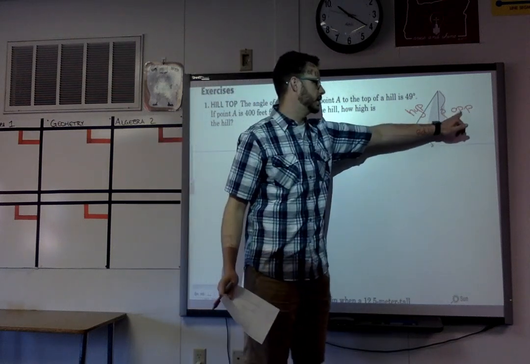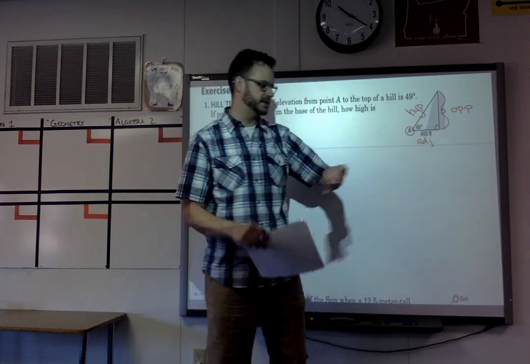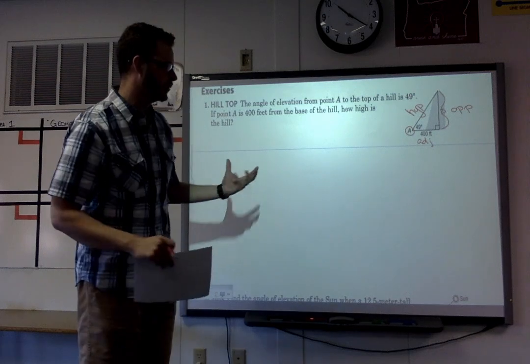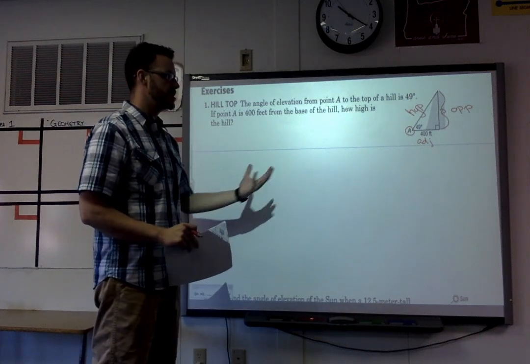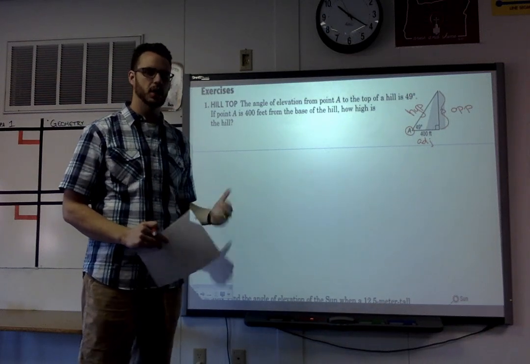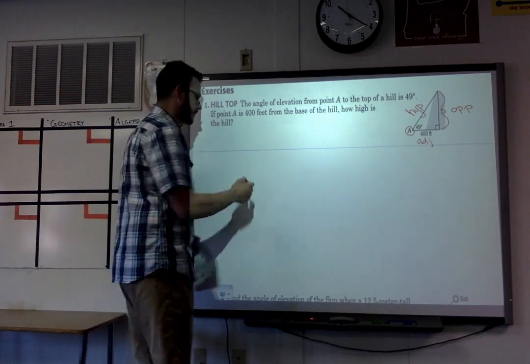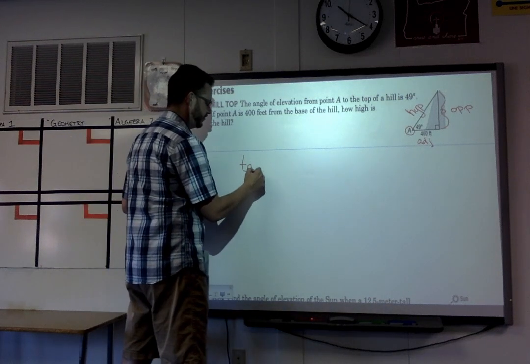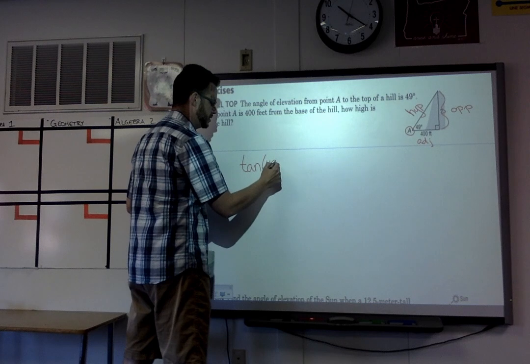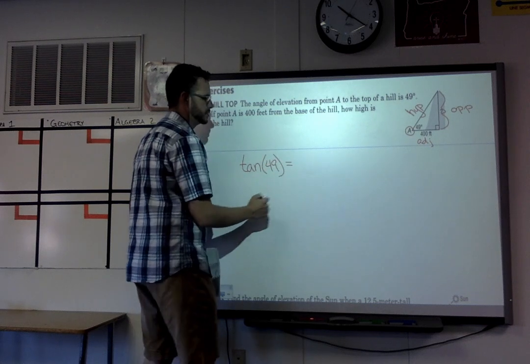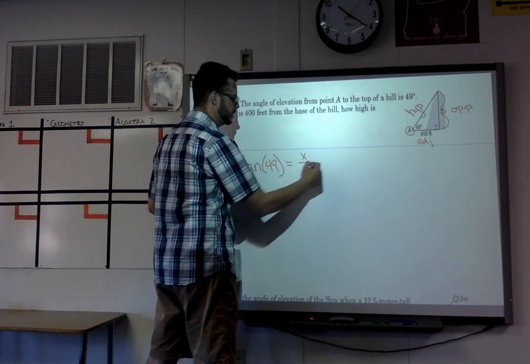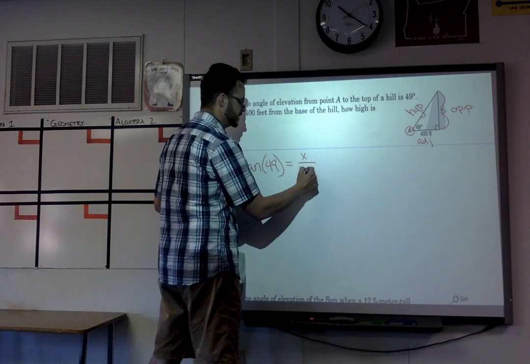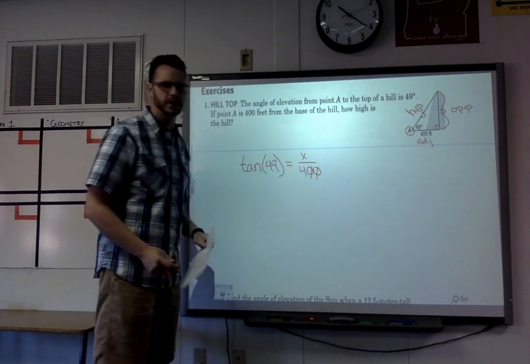So in this one, we're working with opposite and adjacent. If we think back to what we talked about just a few minutes ago, opposite and adjacent is TOA, meaning we're going to use tangent. So we would have the tangent of 49 is equal to the opposite, which we don't know, over the adjacent, which is 400.